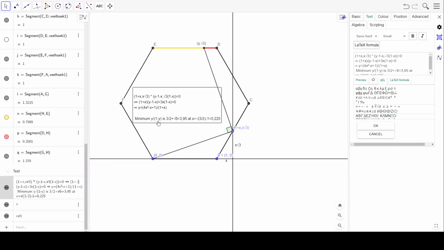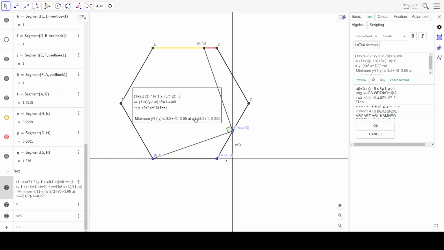What you will find is that the minimum value of y is reached at x equals square root of 3 over 3 minus 1. And surprisingly, that is not exactly half of this interval; it is near half, which would be 0.25, but it's slightly less than that.